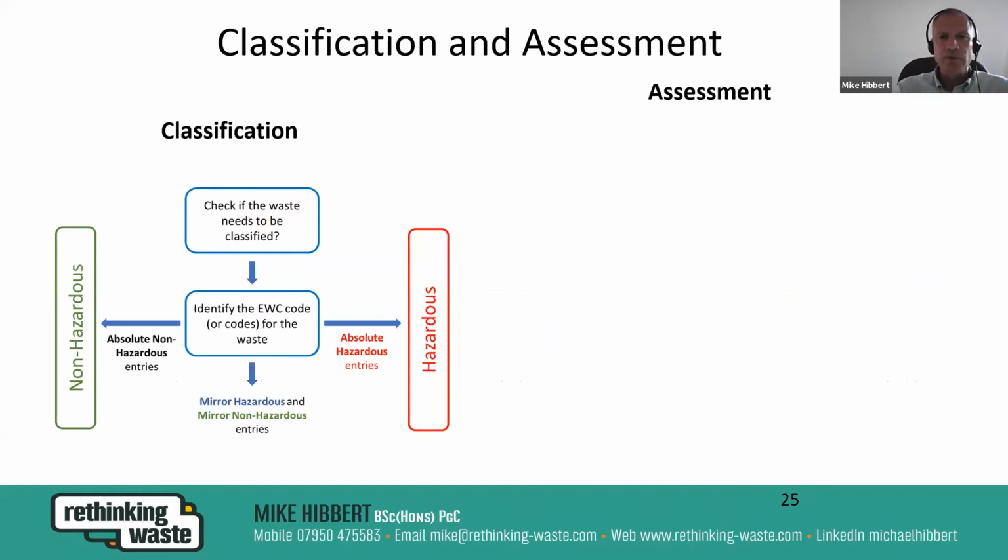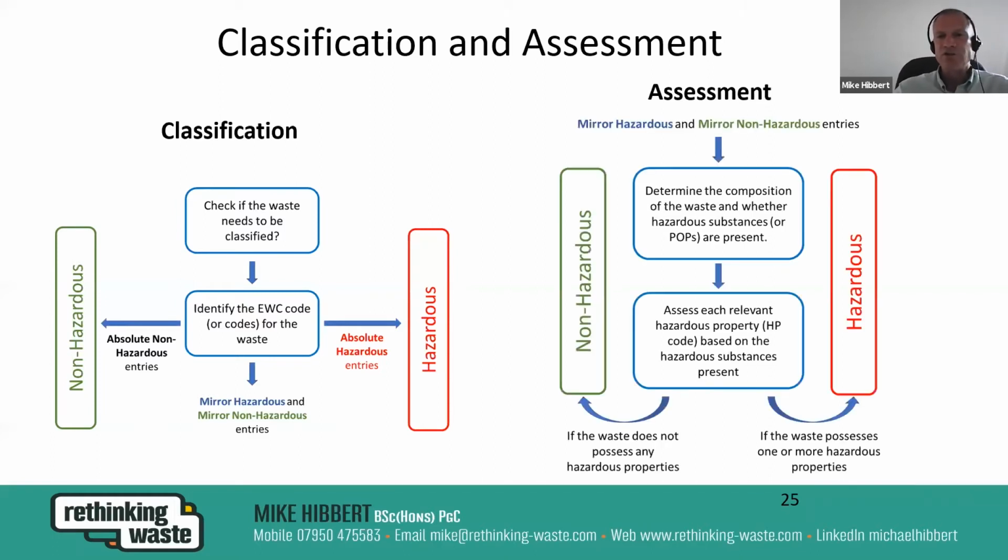Quick recap before we get onto a few of the key issues. So we've got the classification arm. We need to find out what the waste is. There is an onus under duty of care on waste producers because they should know what the waste is. They're producing it. We need to look at the EWC code and identify whether it's non-hazardous, hazardous, or a mirror entry.